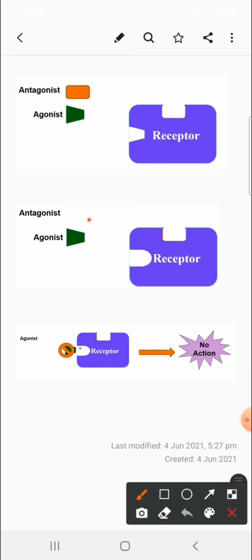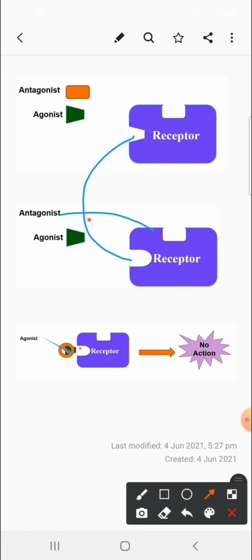As in the figure, we can see the receptor has two binding sites, one for the antagonist and another for the agonist. Now the antagonist binds with the receptor, and it brings changes in the structure of the receptor, as we can see between the two receptor structures. Since the structure is changed, the agonist will not be able to bind with the receptor.